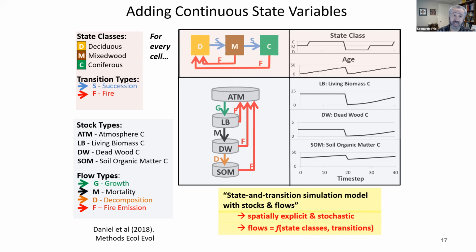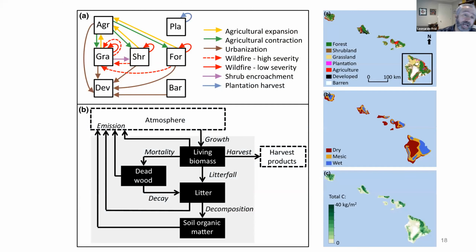So I'll jump now into the example for the state of Hawaii. This is again from that publication in Methods in Ecology and Evolution, where we have at the top our simple state and transition simulation model, with 7 potential states: agricultural use on the landscape, grassland, shrubland, developed, forests, and then a special type of forest called plantations that have a rotational type of forest harvest in Hawaii, and then barren lands.